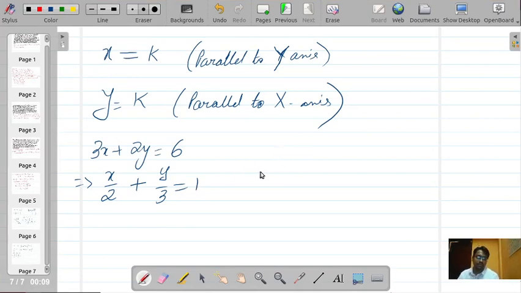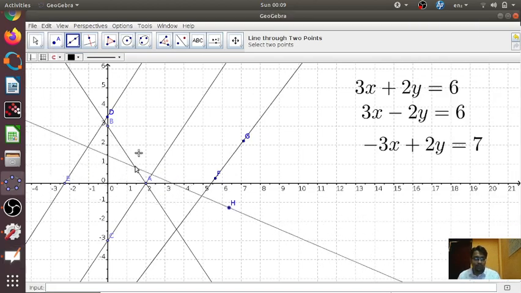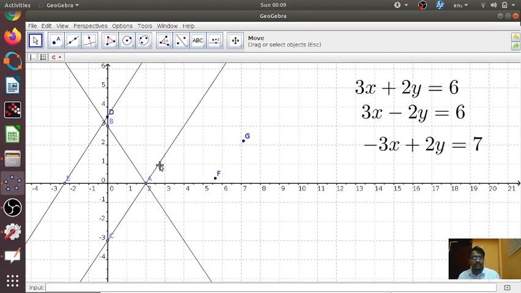While drawing the graphs in the examination, please make sure that you mark the axes very precisely, and the tick marks should be equidistant along the x-axis and y-axis, because for the graphical solution the graph should be perfect, otherwise you will get a different solution altogether.